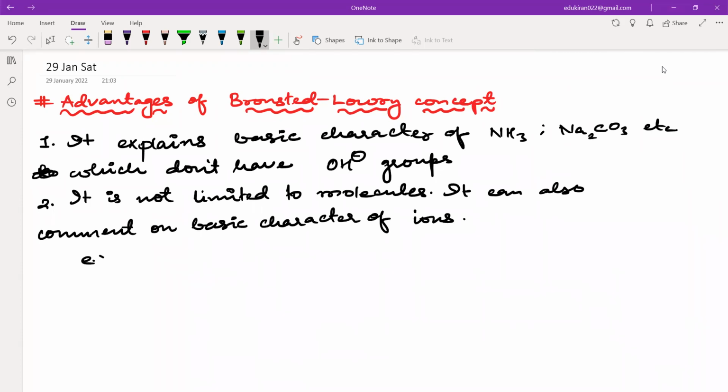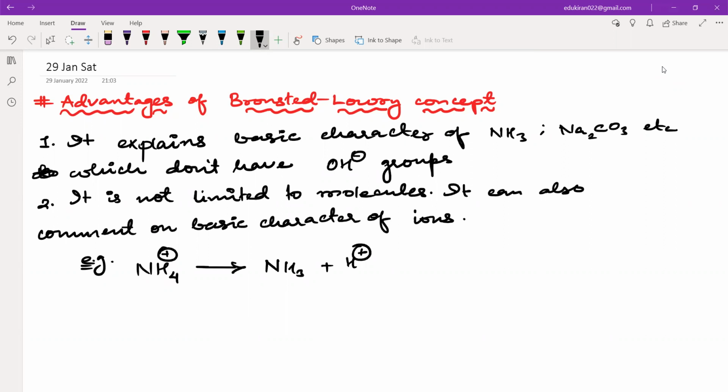For example, we can say that NH4 positive is acidic in nature. Why? Because it has a tendency to lose proton. So this is an ion, and Arrhenius concept was not able to tell anything about ions.